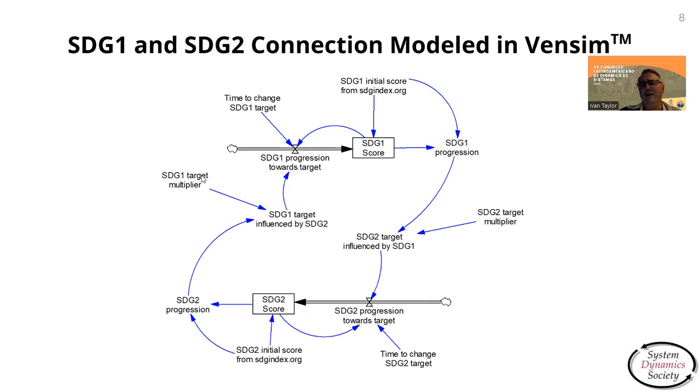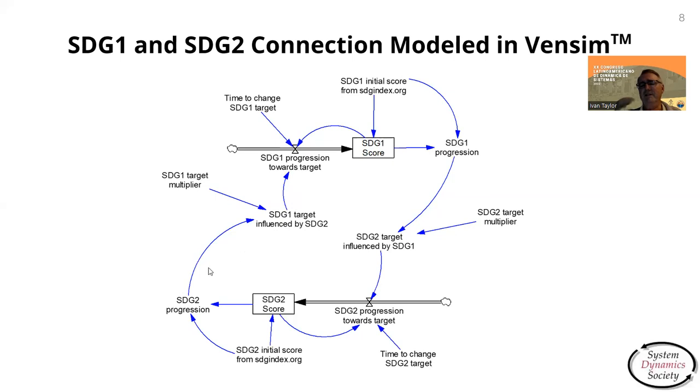And this target is the target specified, say, by a country, the government of the day. However, we know that these targets can be enhanced or degraded by connections, inhibited by connections with other SDGs.